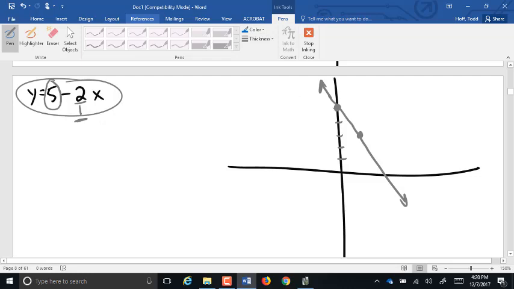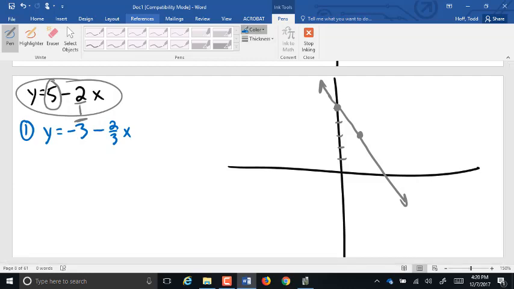Okay, I'm going to have you guys graph a few here. Y equals -3 minus 2/3 x.